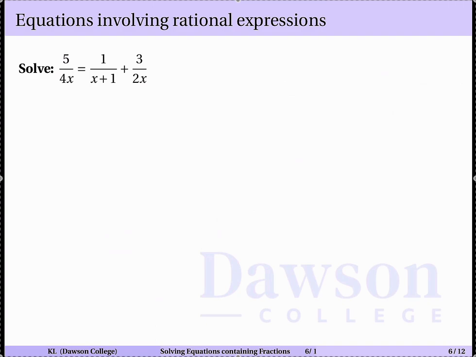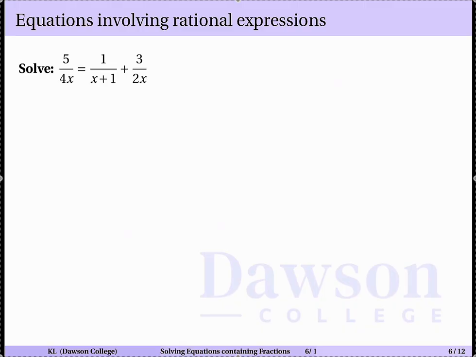Now let us consider this next example. So in here we have 5 over 4x equals 1 over x plus 1 plus 3 over 2x. Now, what I'm gonna do here is the third method that I want to show.